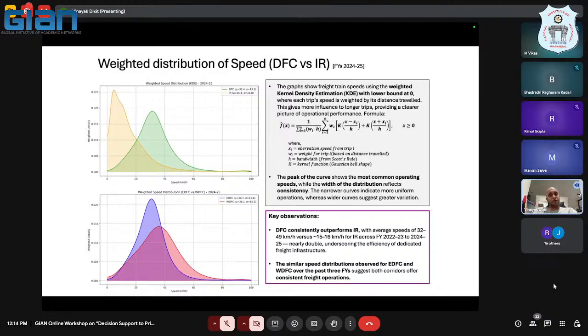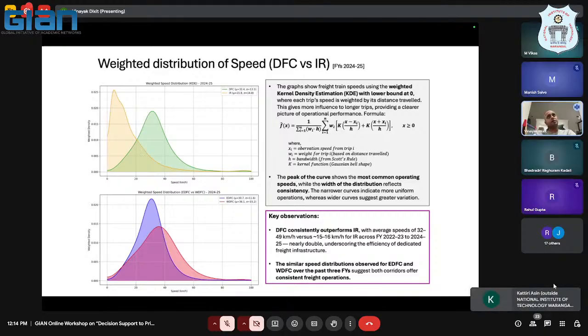One of the things the freight industry was finding on the railways was that a lot of it was getting stopped and affected by passenger traffic, which affected reliability and on-time arrival of these trains. So the first question was, is it reliable or not? The first thing you do is a distribution: you look at the speed distribution of your trains on the DFC versus on the Indian Railways.